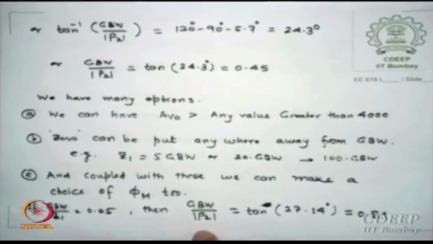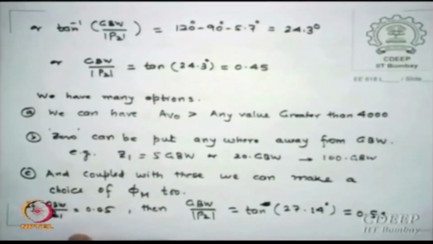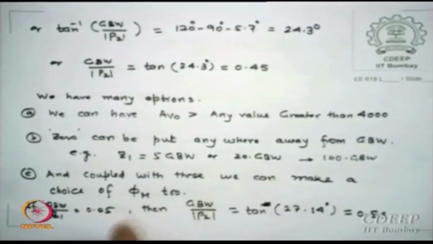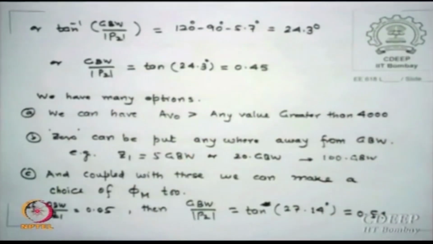For example, if I use 100, this is how much? 0.05 is 1 by 20, so this will come to 0.51. So you keep changing the Z1 value, and correspondingly this term will keep changing, and I will have a table to show you later. So, do you get the design word now? That we have options means you are designing, you are trying to fit what you want. Okay, is that okay everyone?